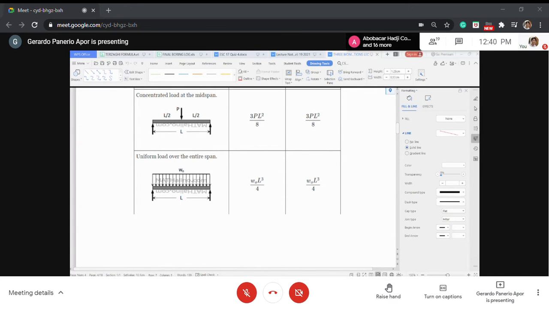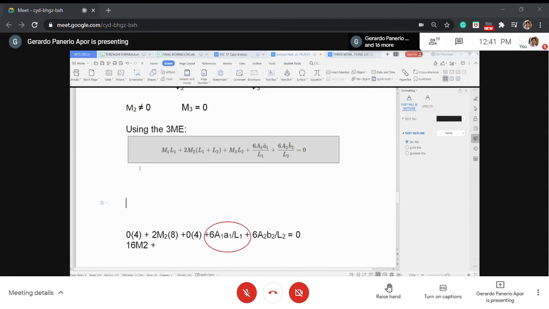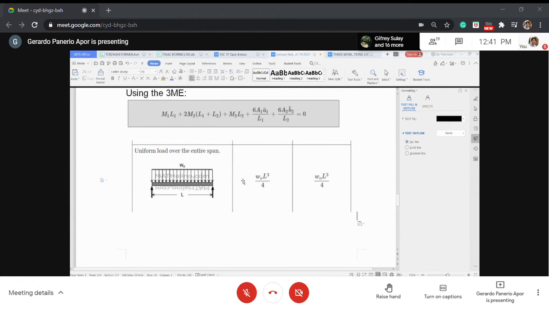So we have a uniform load. Okay, so this one is the column for the load case, no?